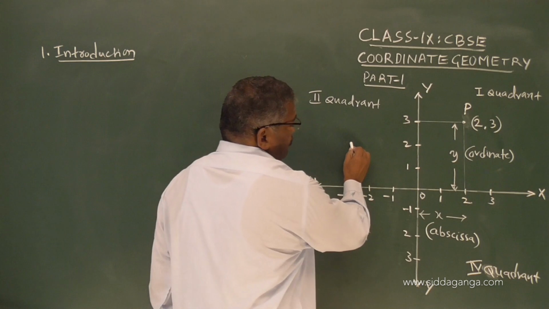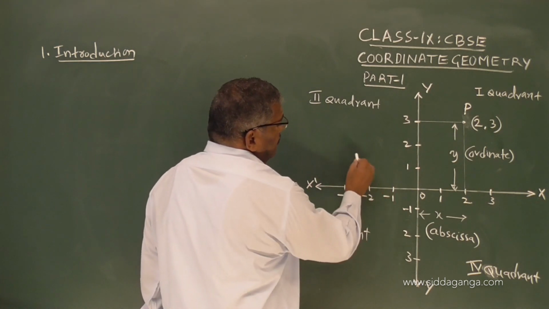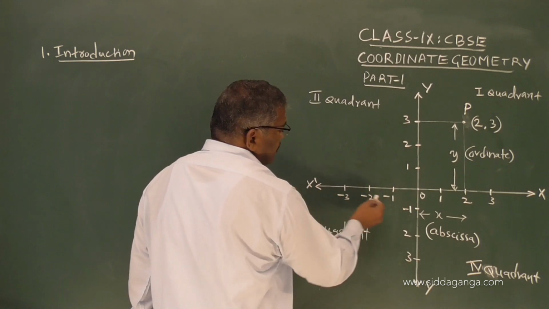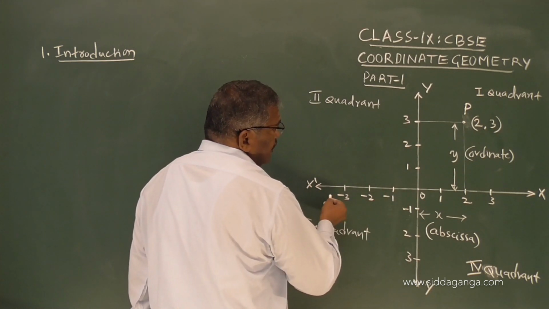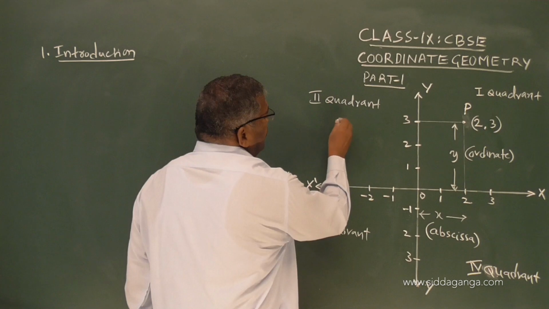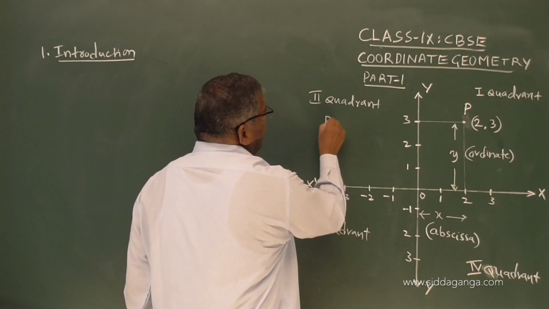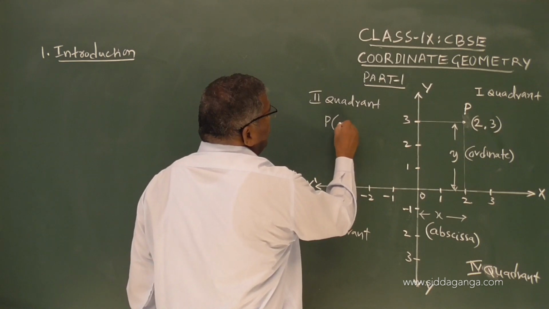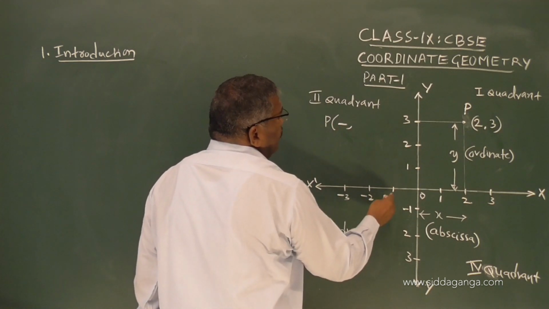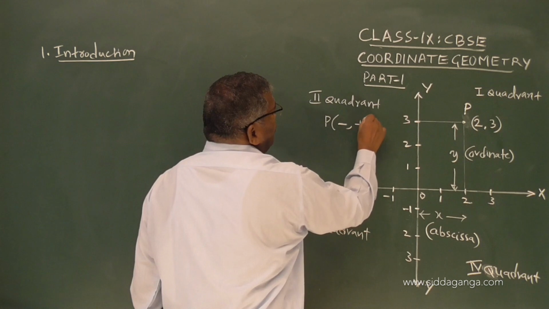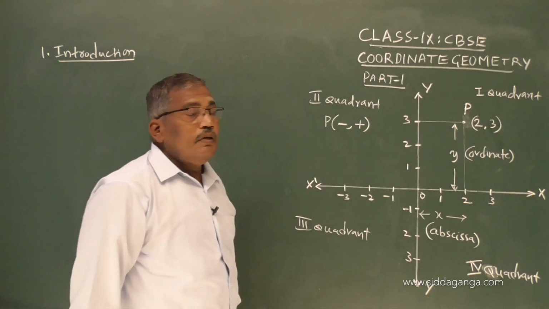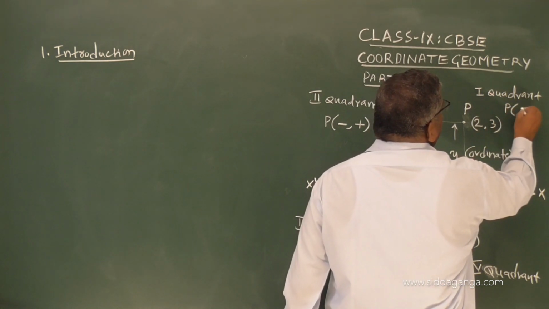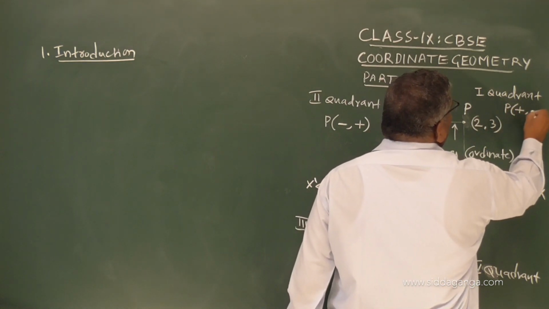If I want to locate any point here, the x coordinate is negative, you can see the minus value. So here x will be negative and y will be positive. So here P will be like this, both positive in the first quadrant.